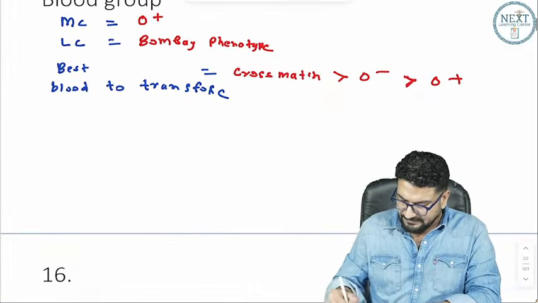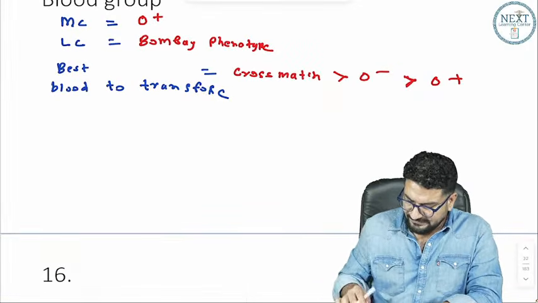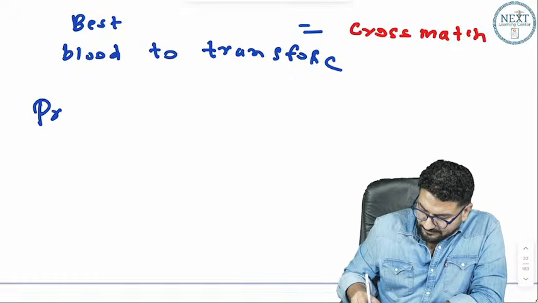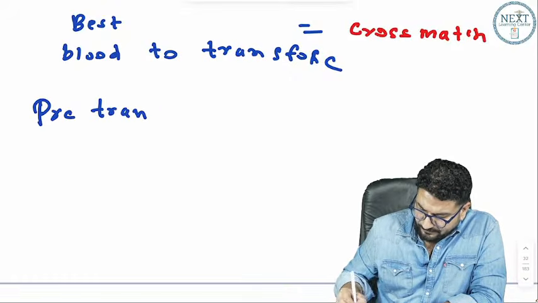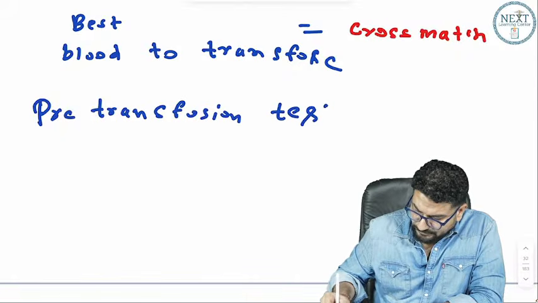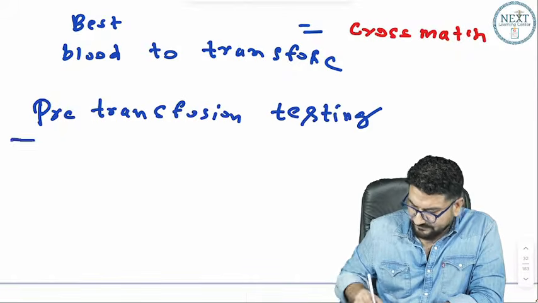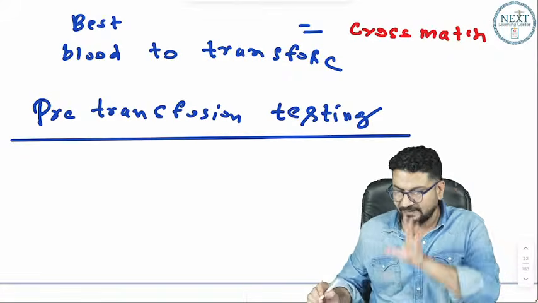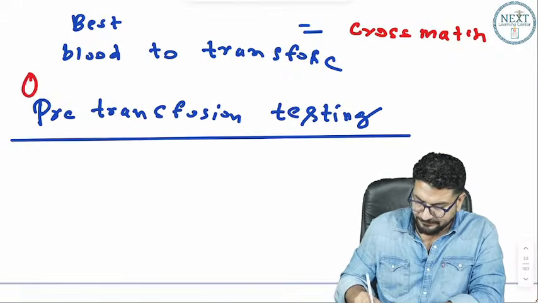Now just try to understand this thing. Whenever they ask you a question on blood group, they ask what the pre-transfusion testing protocol is. Pre-transfusion testing means, suppose you are donating blood, then your blood will be screened for 5 infections. This is very, very important. They ask you again and again.